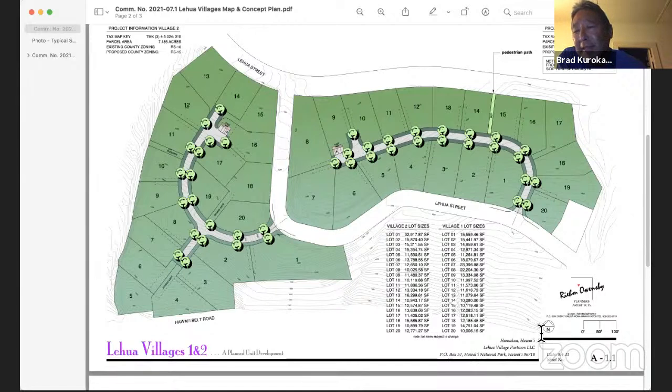So that to me is sort of counterintuitive. If you really wanted affordable housing, then you'd have smaller lots, because the developer can develop more and the lots can be lowered in cost. Okay, so that's one aspect of it. So I have some serious questions, or reservations, about that.